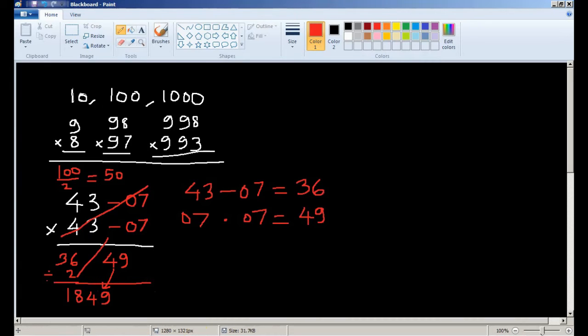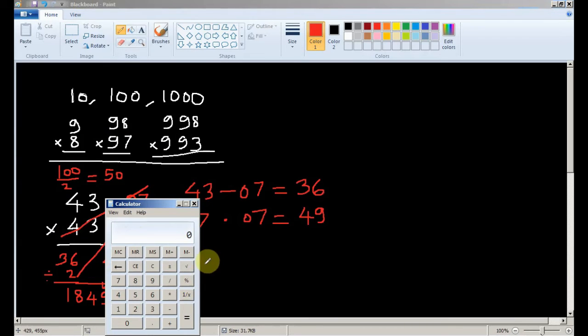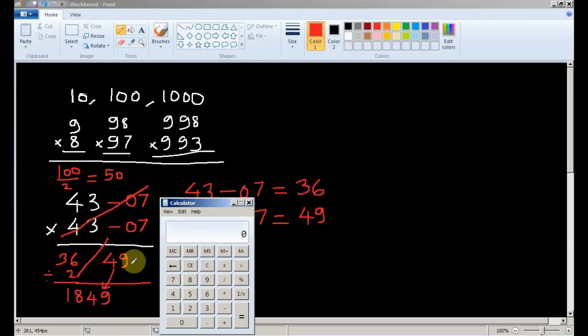Let's check this solution in our calculator. My answer is 1849, and the number which I am multiplying is 43 into 43. So 43 into 43 is equal to 1849, which is the right answer.